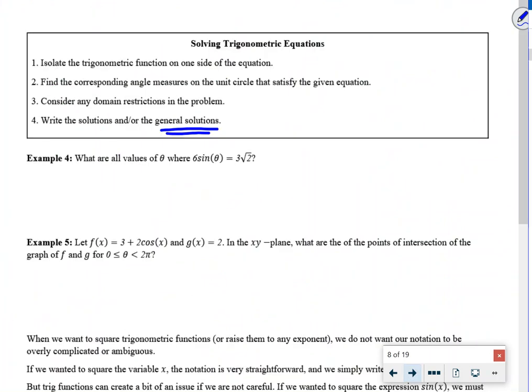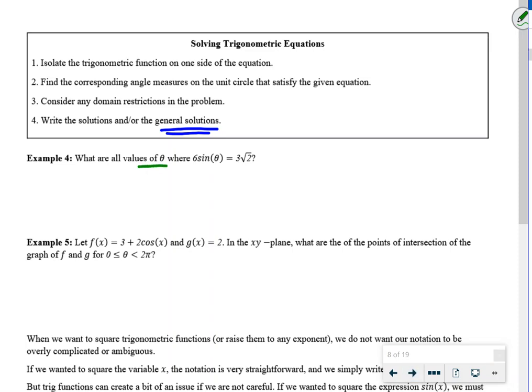So what we are going to do is, number one, isolate one side of the equation, and number two, find two corresponding angle measures from the unit circle. And number three, consider any domain restriction, and then put your answer in general solution. Those are the steps. Let me look at example 4.